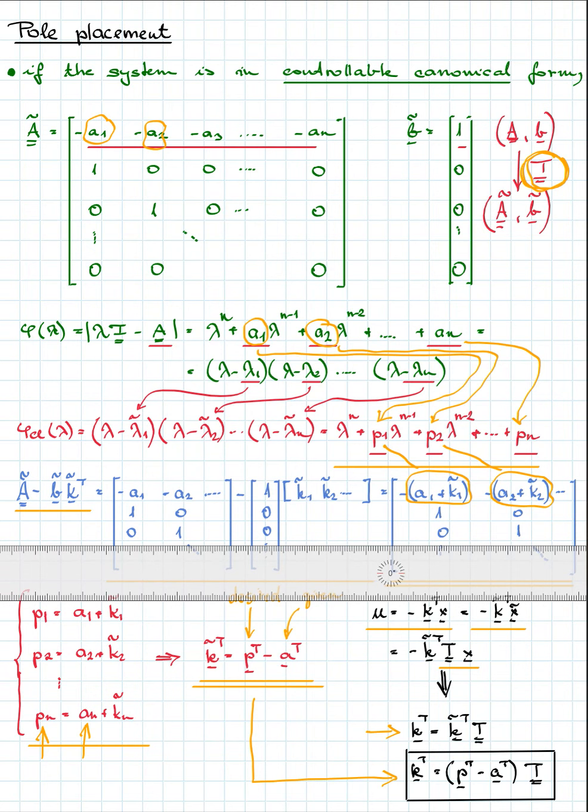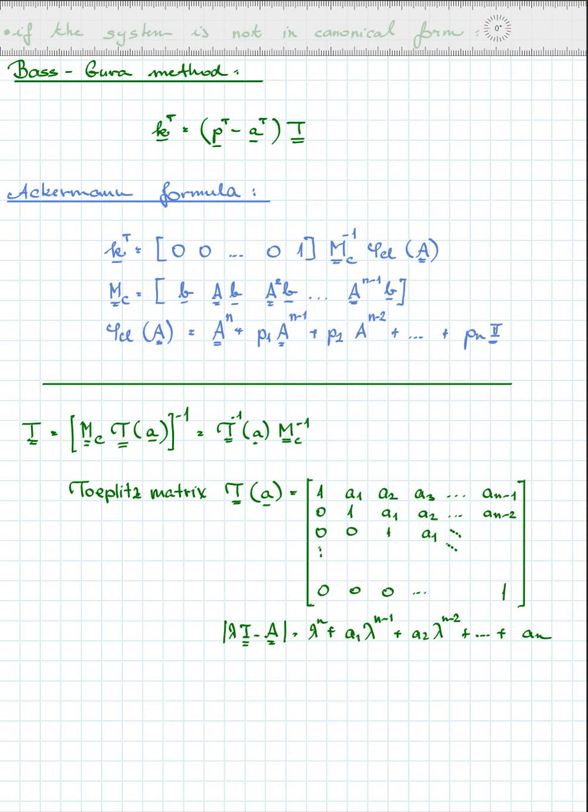If our system is not in the controllable canonical form, we have to use the same result. This is here at the end, but we need some transformation. And this is what we call the Bass-Gura algorithm, or the Bass-Gura method.